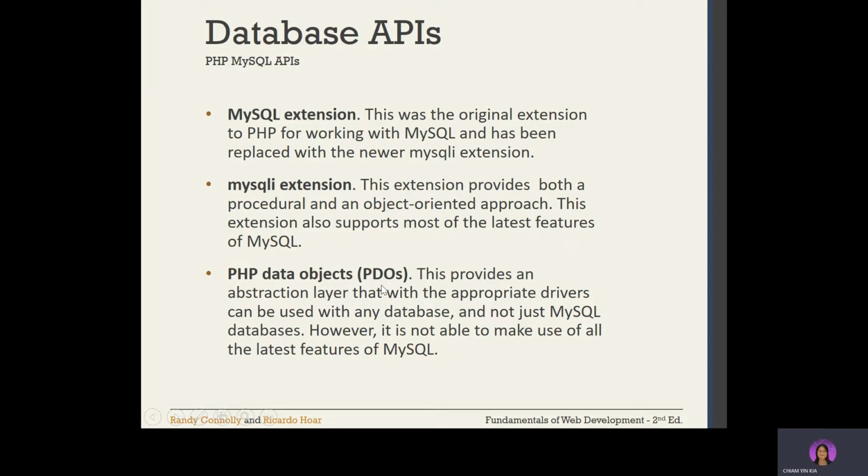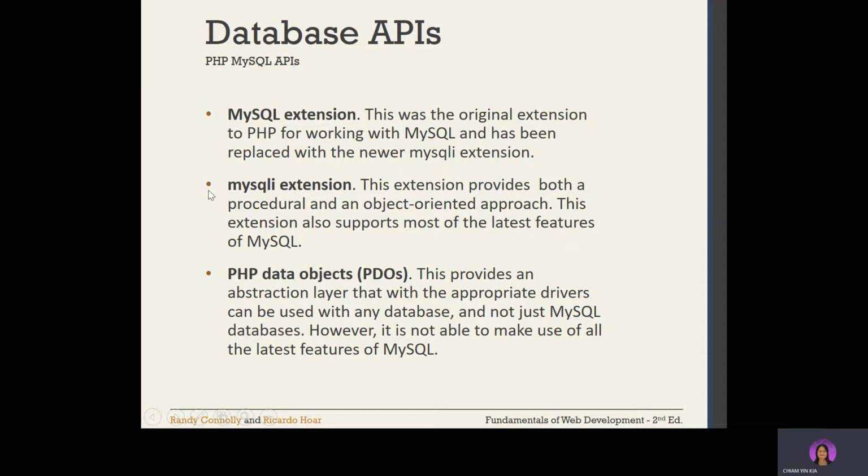If you haven't decided whether you will change your database from MySQL to another database management system, for example, maybe you might want to change to SQLite or Oracle, if that's the case, PHP Data Objects, PDOs, will be a better option for you. So in our web applications, if we want to deal with not only MySQL, but we also want our code to be used for any database, then PDO is the better option.